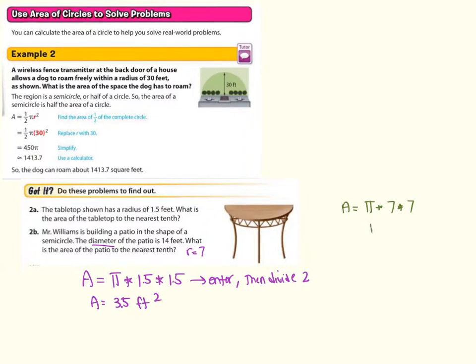So you can push this into the calculator, and then after you push enter, don't forget to divide by 2 because we're dealing with half a circle. Once all the calculations are done, the semicircle patio, you should have gotten 77 feet squared.